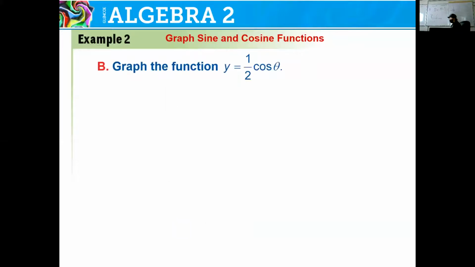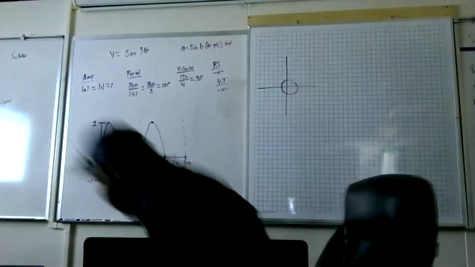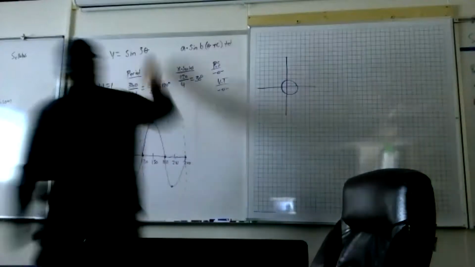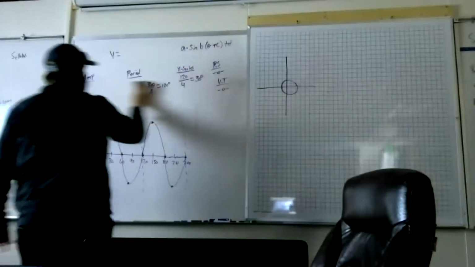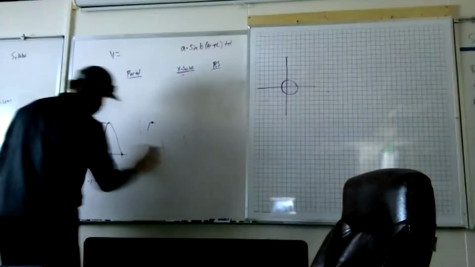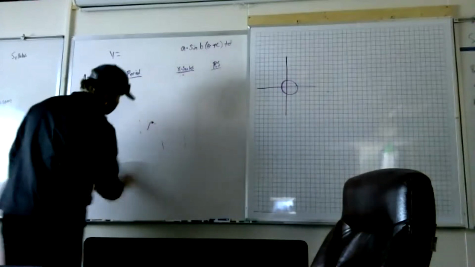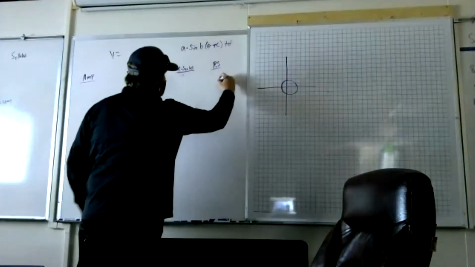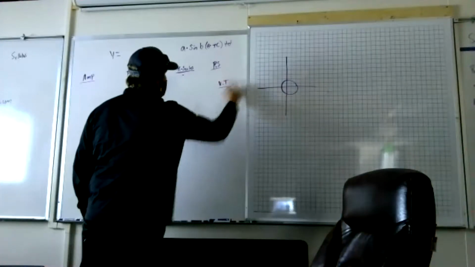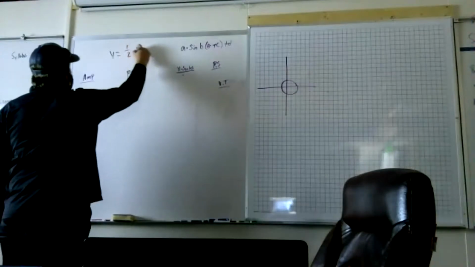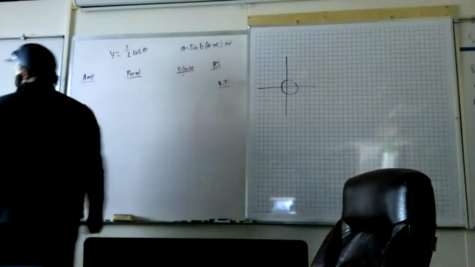Okay, so here, graph the function y equals 1/2 cosine of theta. Same exact process, although instead of sine, we're using cosine. Starting with the amplitude, we have 1/2 cosine of theta.